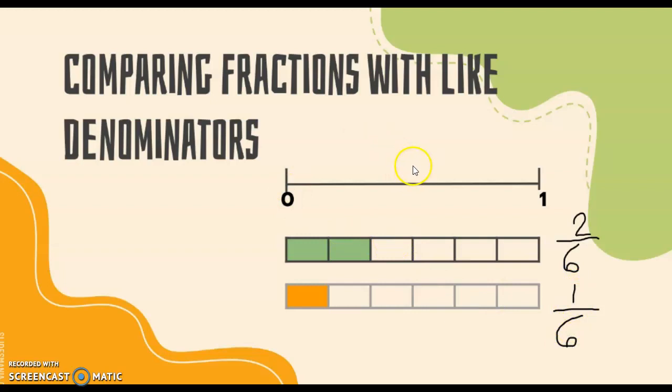So now I'm going to partition my number line into 6 parts. This is my benchmark, my halfway, my midpoint.